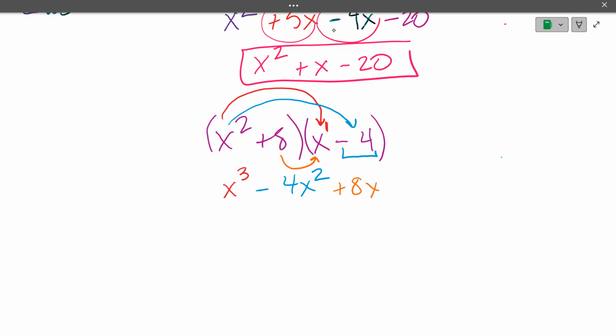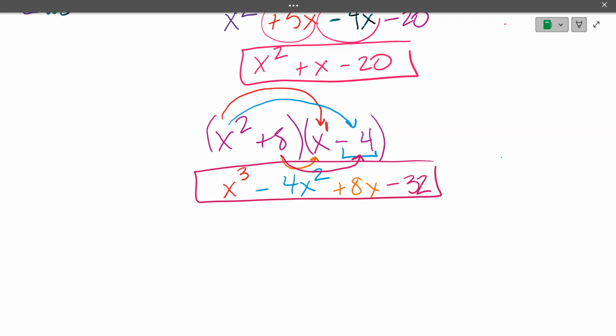And then we are going to go ahead and do our last terms, and that is 8 times negative 4, which is negative 32. You're going to notice in this one, we don't have any terms that we can combine. So this is our simplified expression.